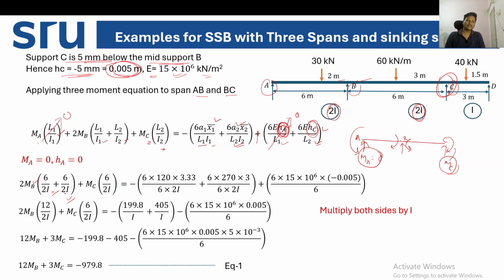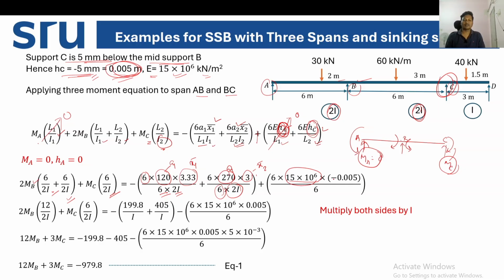So 2MB into 6 by 2I plus 6 by 2I, plus MC 6 by 2I, is equal to minus 6 into A1, which is 120, into 3.33, that is X1 bar, divided by L1 I1, plus 6 into A2, that is 270 we have calculated, into 3, that is X2 bar, divided by L2 I2, plus 6 into E, which is 15 into 10 to the power 6 kilonewton per meter square, into HC, given in the question as minus 5 mm, that is 0.005 meter.